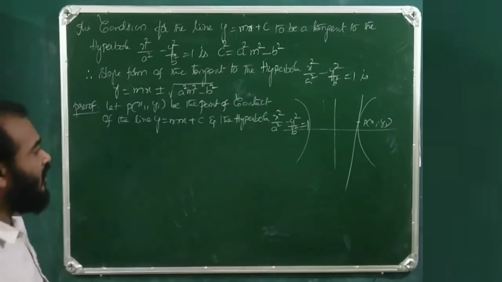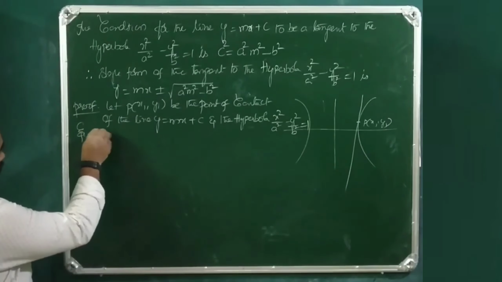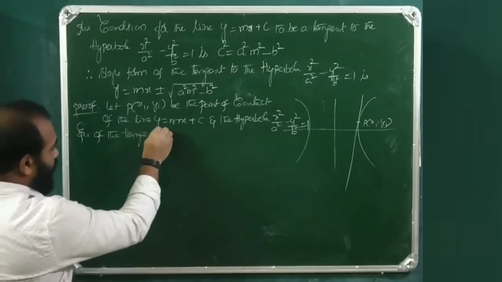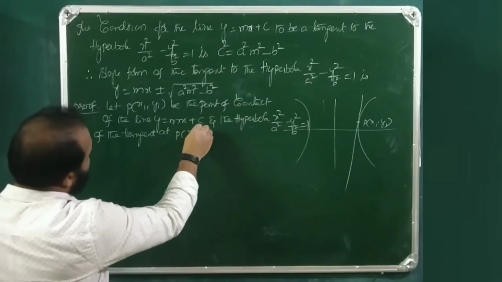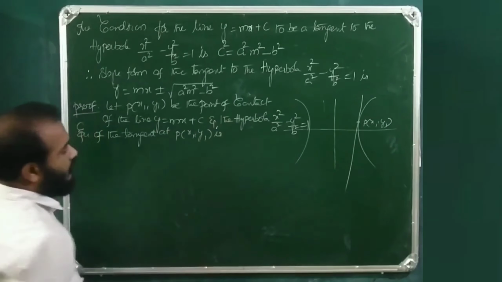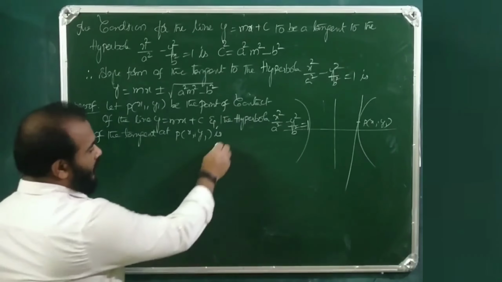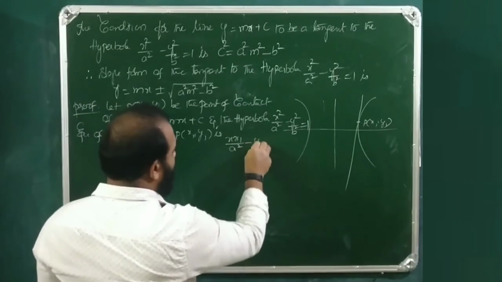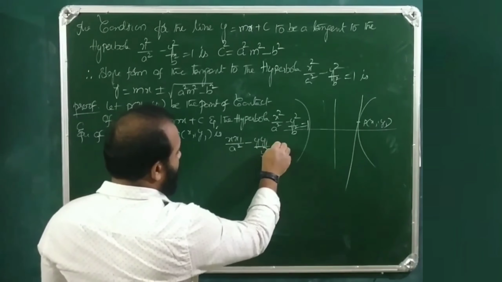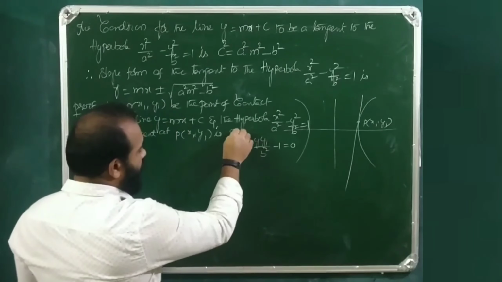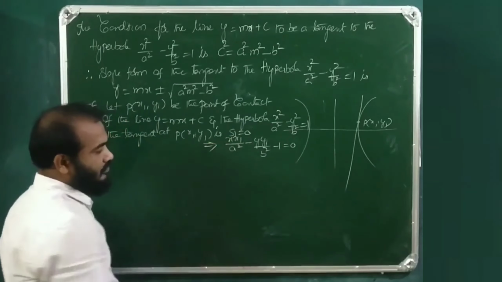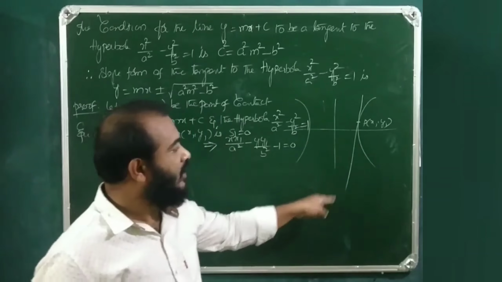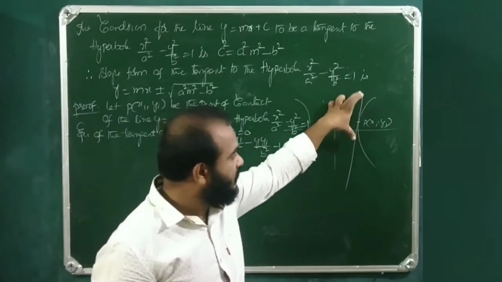Just now we have seen the equation of the tangent at P x1 y1 is xx1 by a square minus yy1 by b square minus 1 equals to 0, which is S1 equals to 0. So this is the equation of the tangent at P x1 y1.